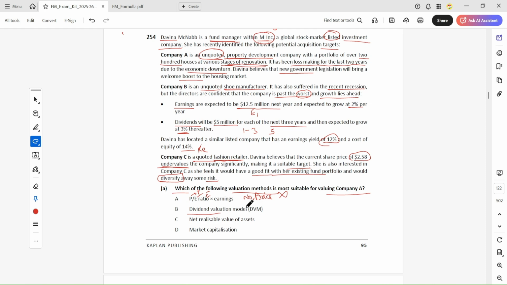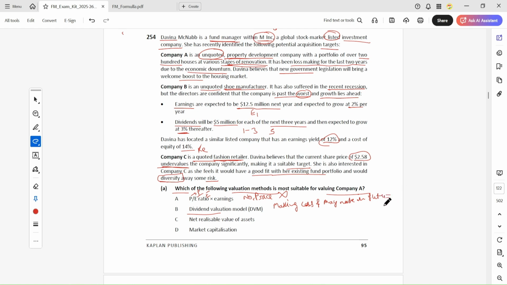So the dividend valuation method. Recently he is making loss and may make loss in the future as well.